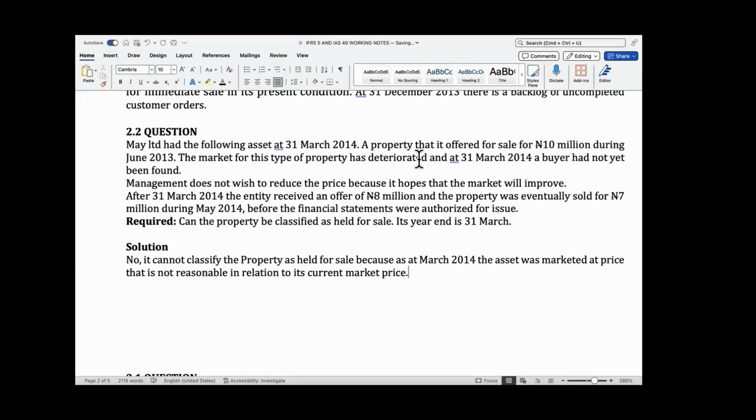They will have sold it, but they said no, we are not going to reduce our price. Even in March, somebody came and offered them 8 million. They said no. Eventually, they now sold it for 7 million.